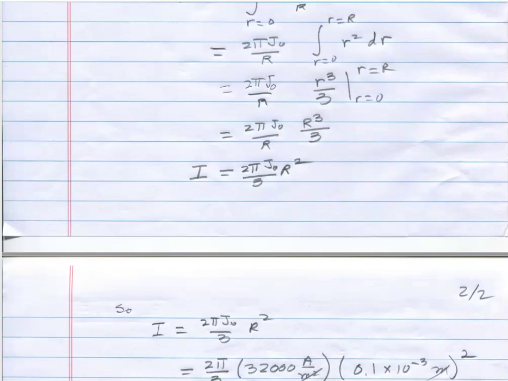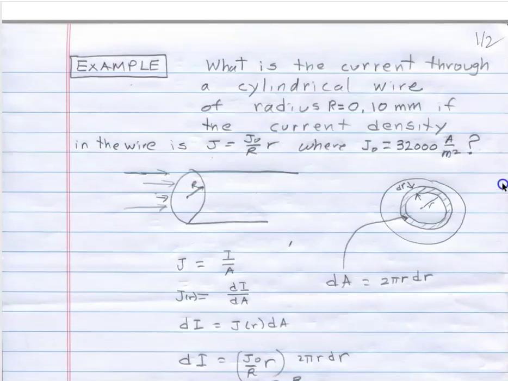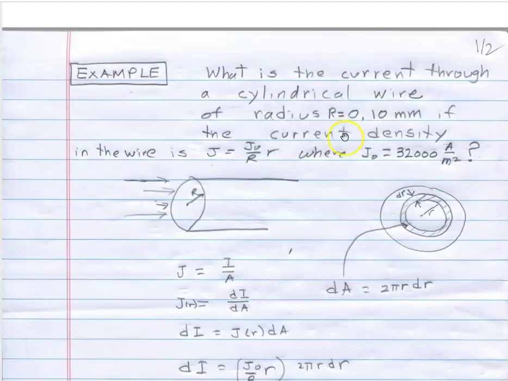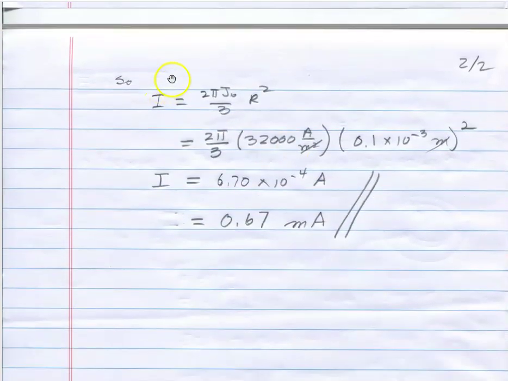We're not quite done because I assume they wanted a numerical value. So I've managed to get an equation for it, but now I know that capital R is this and J naught is this. So I put those into our expression.